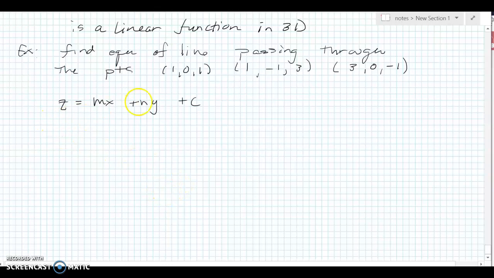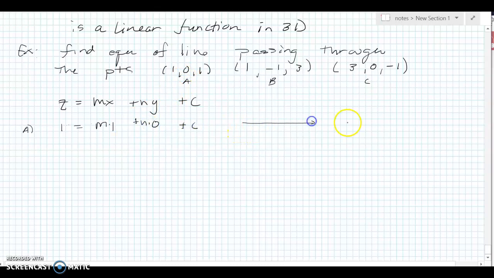I can plug in point A; we'll call the others B and C. Plugging in point A, z is 1 equals m times x is 1 plus n times y is 0 plus c.